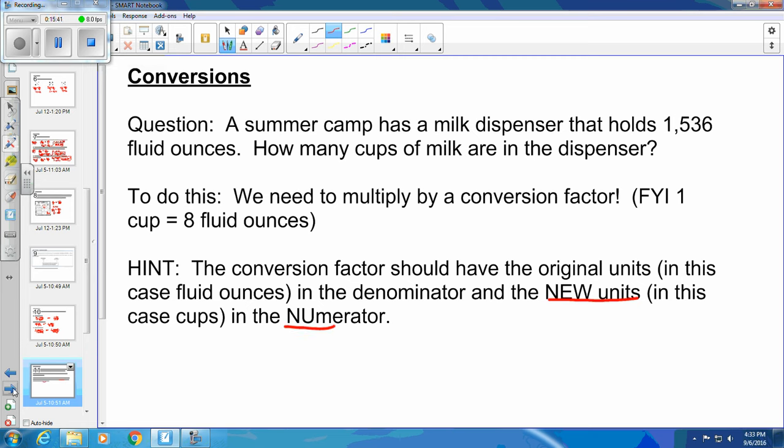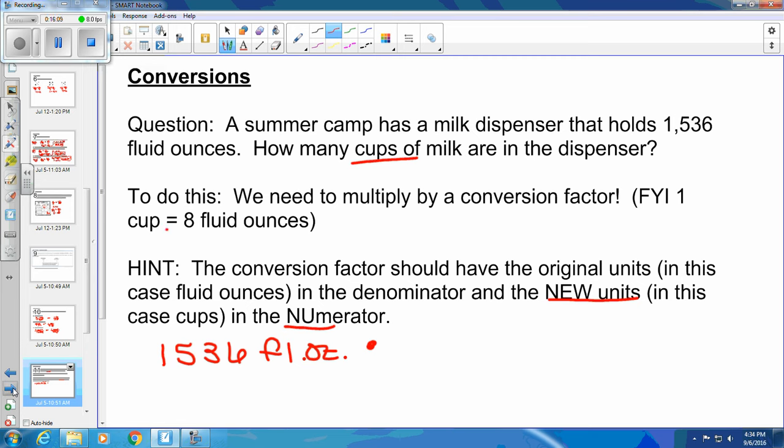So, I am starting with 1,536 fluid ounces. I'm going to multiply, big times sign, by my conversion factor. My new units, cups, needs to be in the numerator. So, let's look at my conversion.